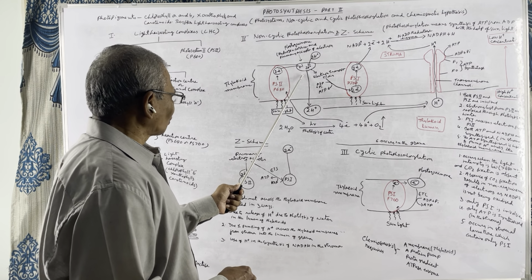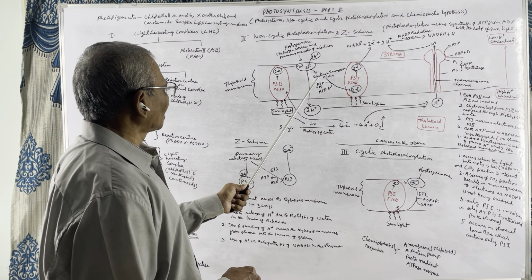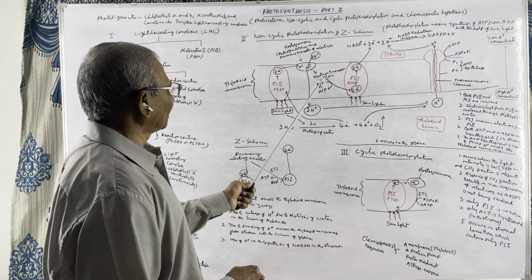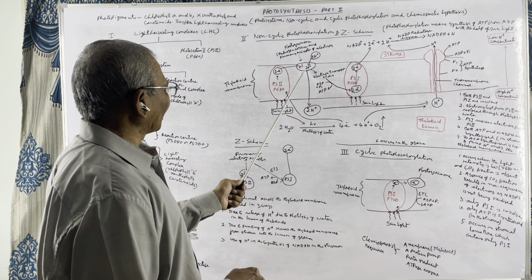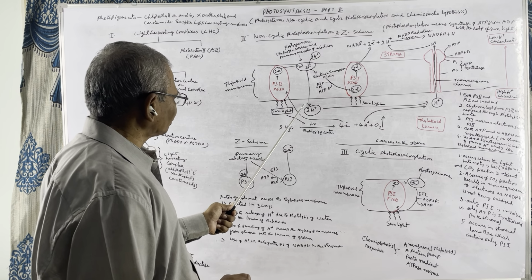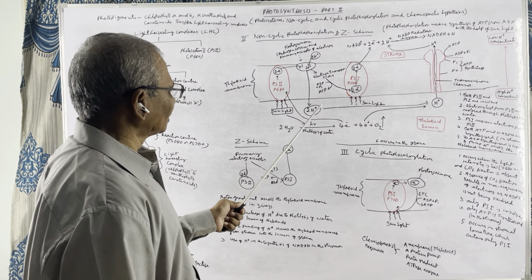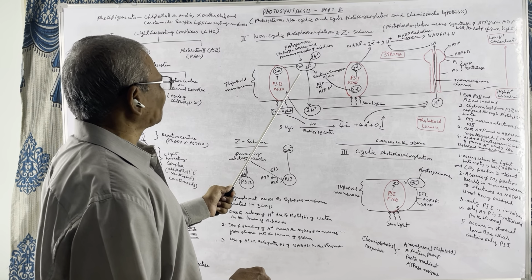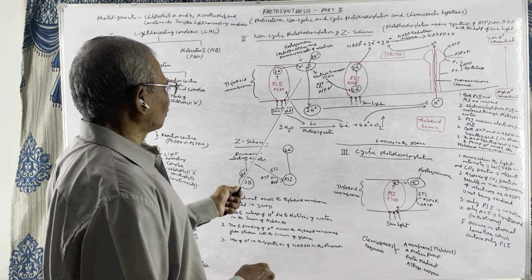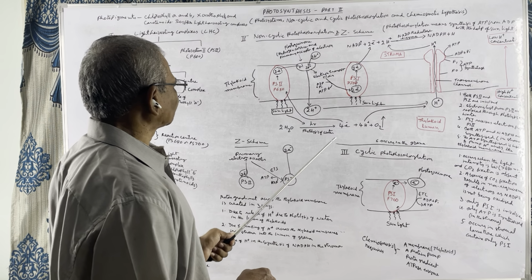While traveling through the thylakoid membrane, these electrons are transferred to the electron transport chain and hydrogen ions are released into the thylakoid lumen. So in this way, plastoquinone transports both electrons and hydrogen ions.